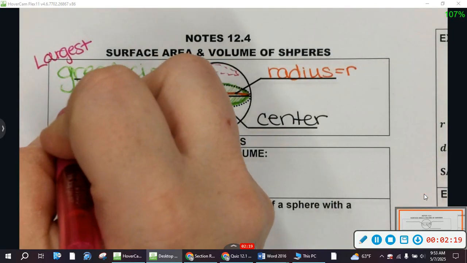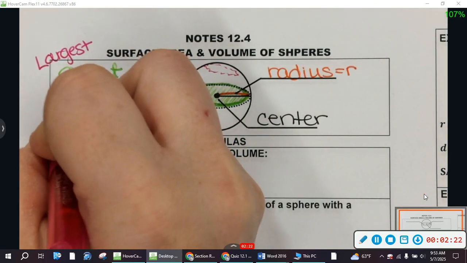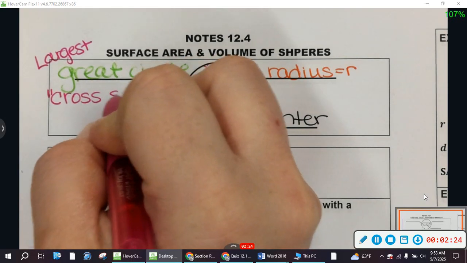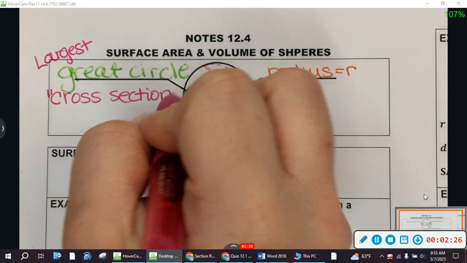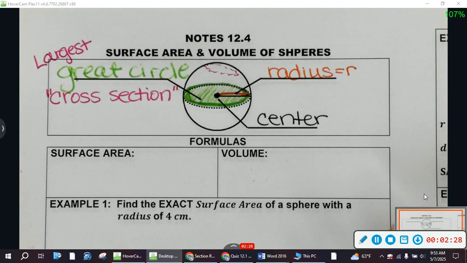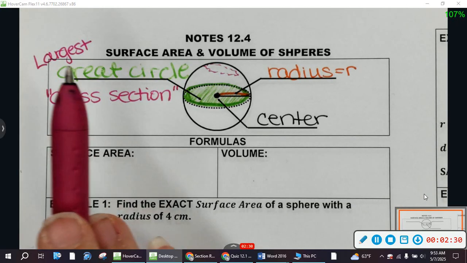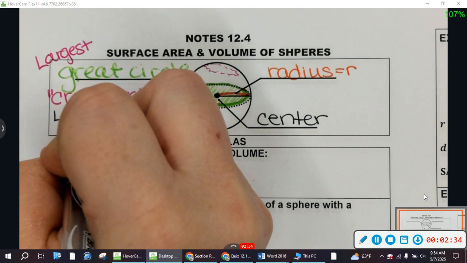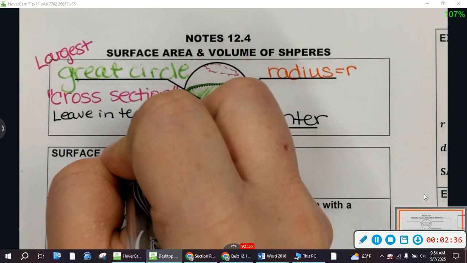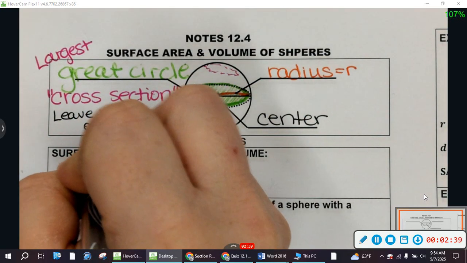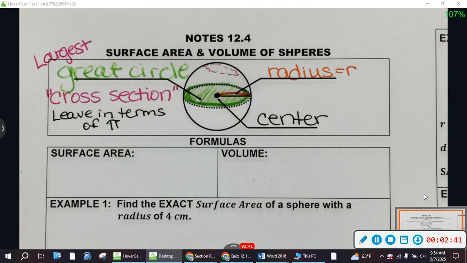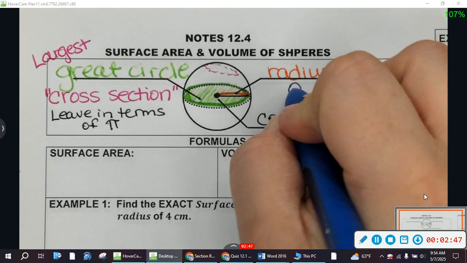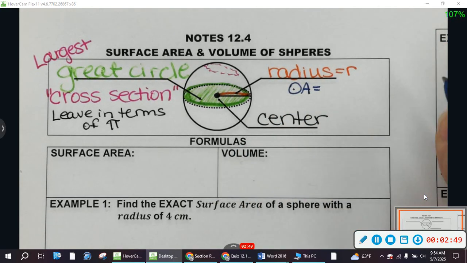And so the great circle is a cross section. You will need that word eventually in some of your upper level classes. But it is a circle, and if it's a circle, we will leave it in terms of pi. Using that great circle, we can find the area of that circle.